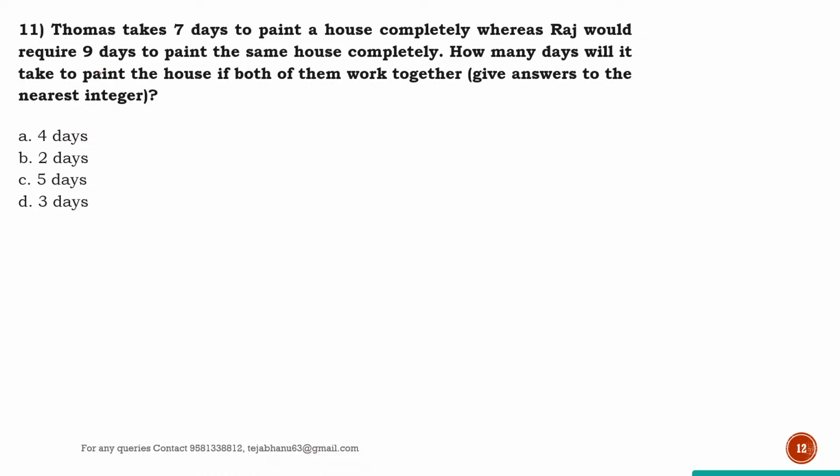There is a person called Thomas who takes 7 days to paint a house, and there is one more person called Raj who takes 9 days to paint a house completely. How many days will it take to paint the house if both of them work together? Give answers to the nearest integer.